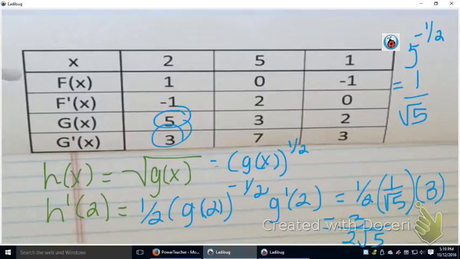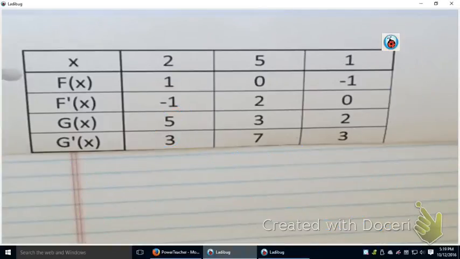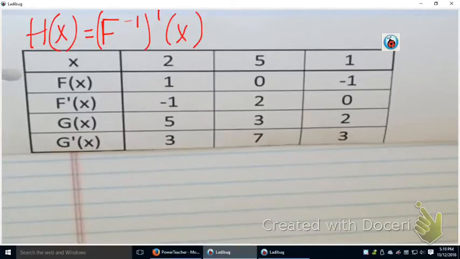Alright, one more problem that I want to deal with is an inverse kind of problem. And the inverses are really tricky. And so first I want to tell you the rule. If you have f inverse, h of x is f inverse prime of x.